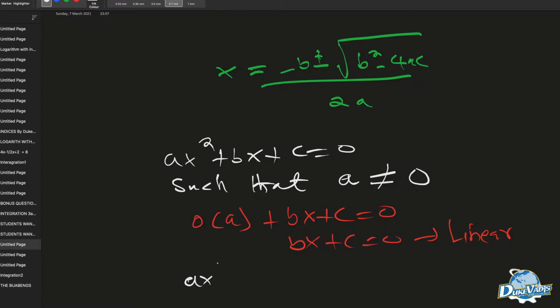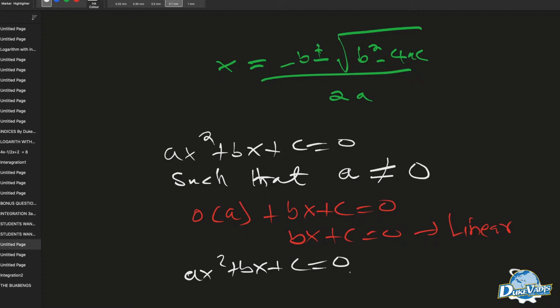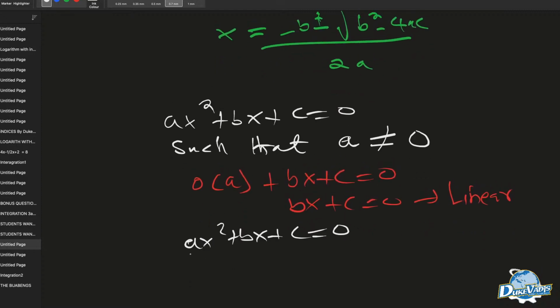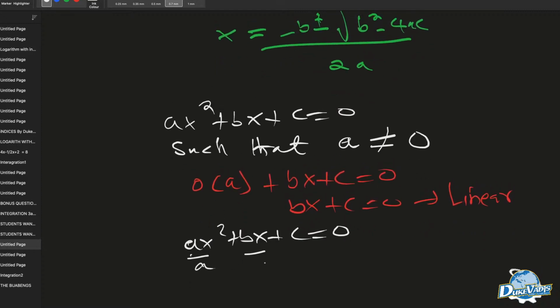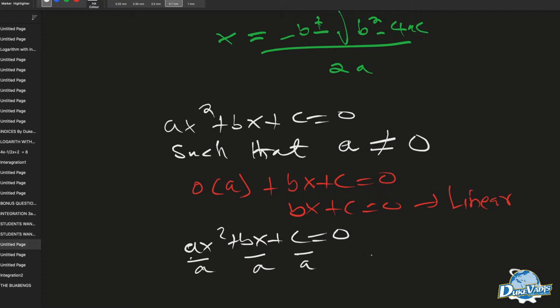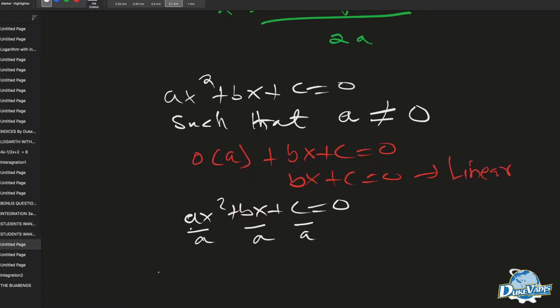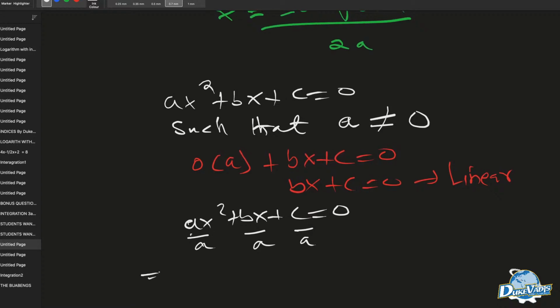So if ax squared plus bx plus c is equal to 0, as we divide through by a, we're going to have a dividing each term, so that we can write this equation as x squared plus bx over a plus c over a is equal to 0.